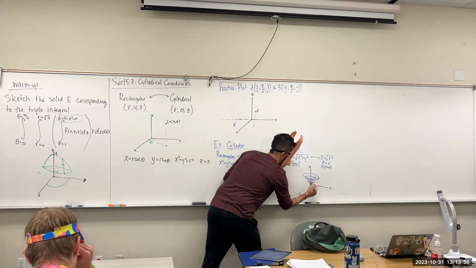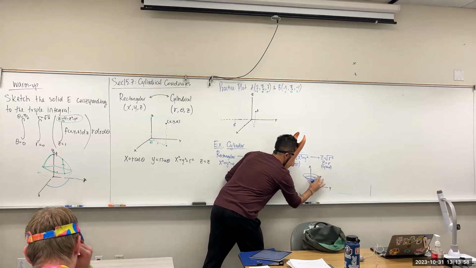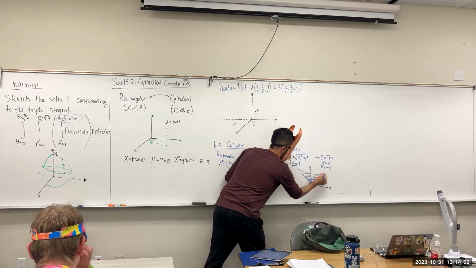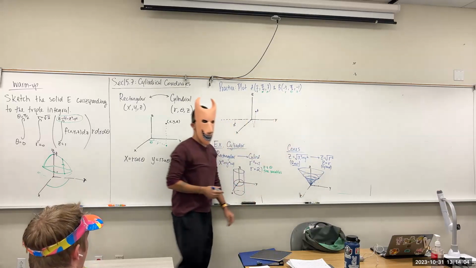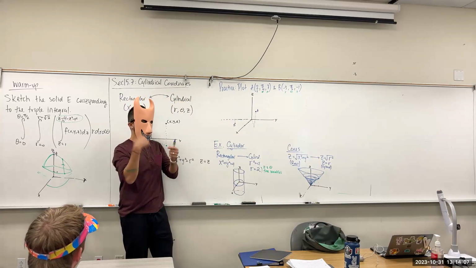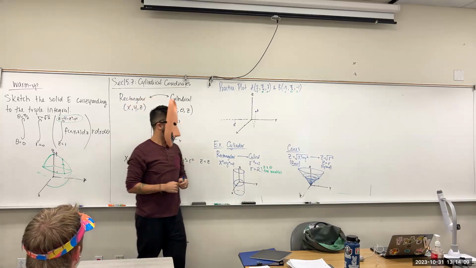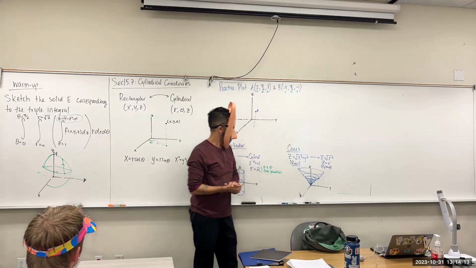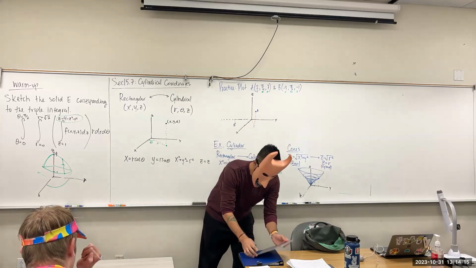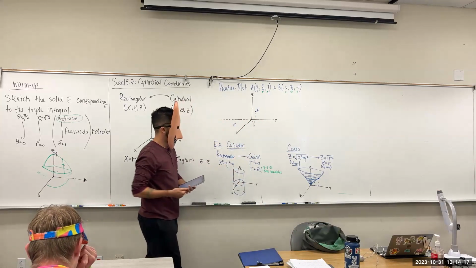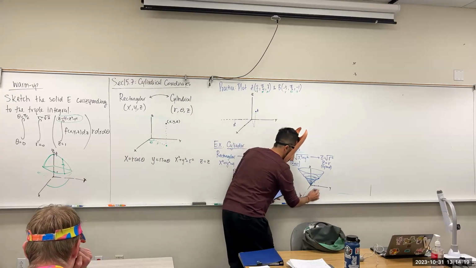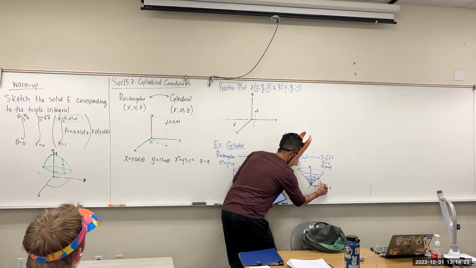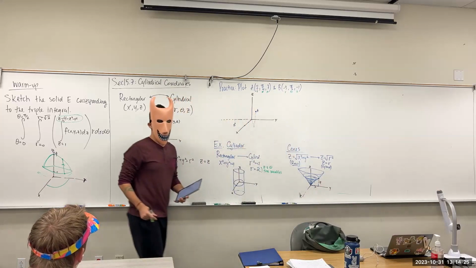So that's how we're going to end up with a cone. Like that. All those circles that are getting bigger as r gets bigger. So yeah, so maybe let's write that. So whatever r is, z will be the same value, like that.